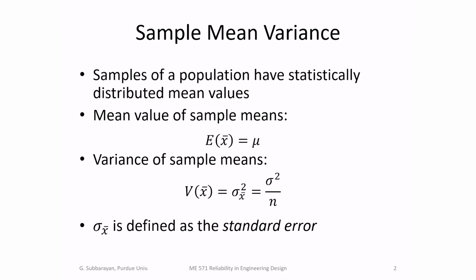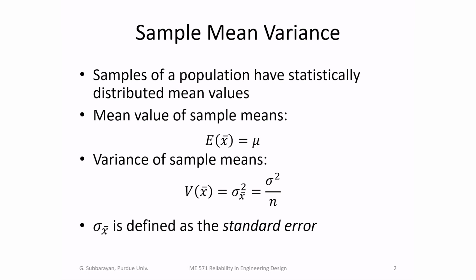Now you could take a more extreme sample, and you could take a sample size of only 10 items out of 1,000, 10 at a time, and you're going to see a lot more variability in terms of the mean of the sample because the sample size is not large enough.